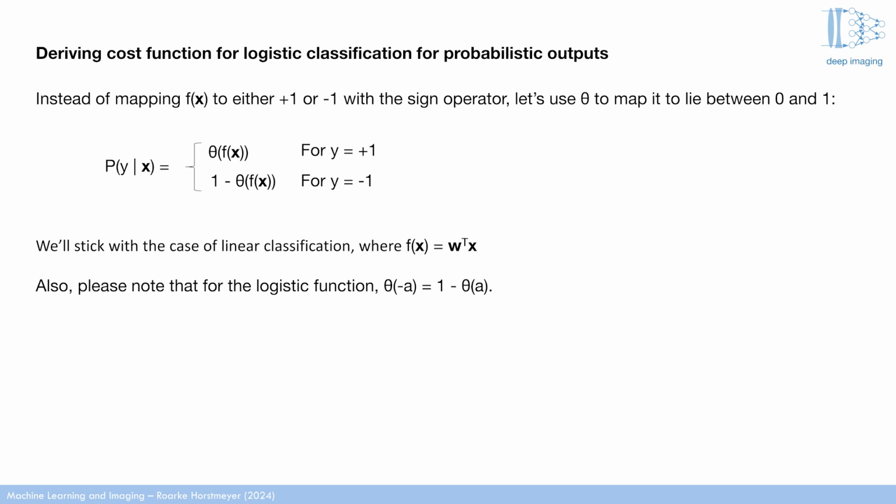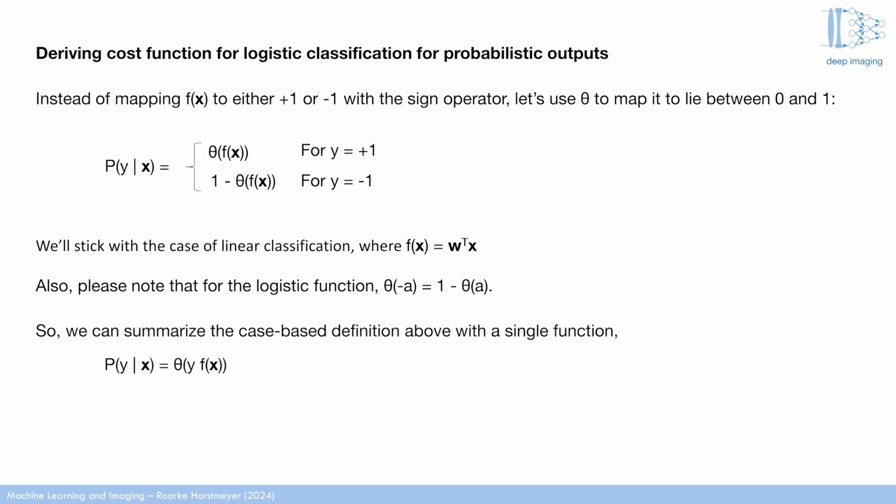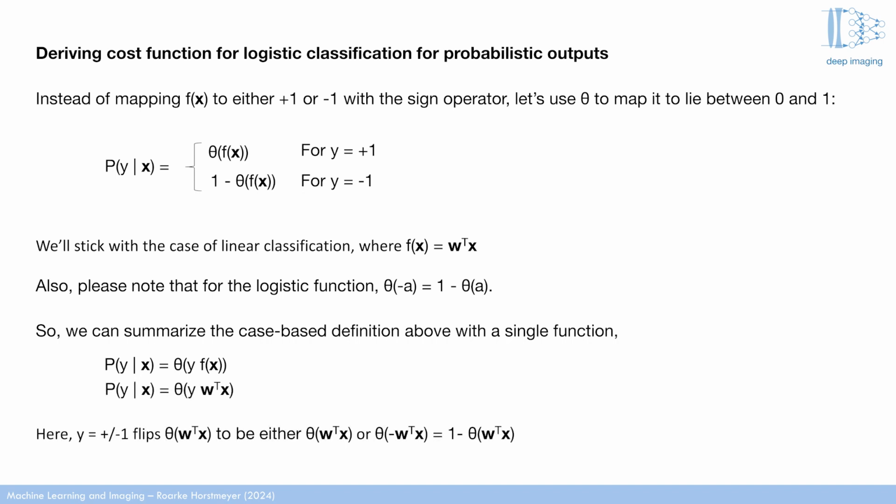It's just a property of that function. Using this identity, we can take this equation that's defined in 2 cases and write it as a single equation. For y equals positive 1, you put a positive 1 in here and everything's fine. For y equals -1, you put a -1 in here, then you get 1 minus the result. So this expression writes this in 1 line. Then instead of writing f of x, we can write w transpose x. That's our model for linear classification. Okay, so now we have a single expression for the conditional probabilities of our model's outputs given the inputs.